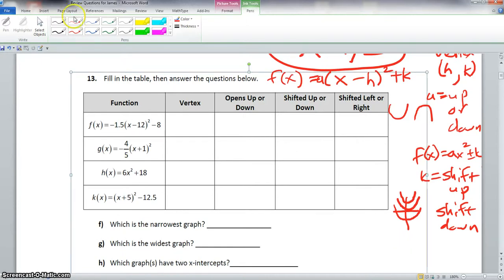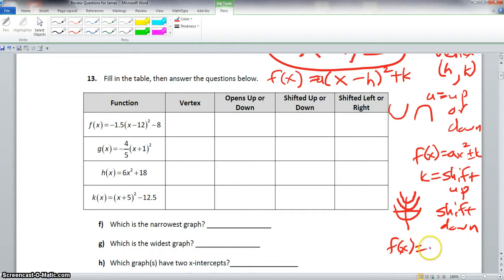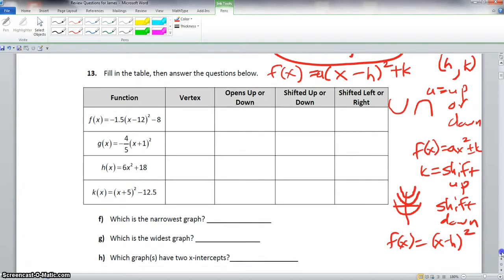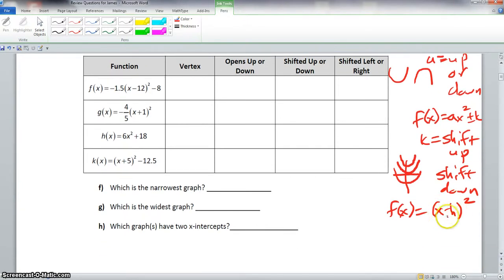Now there is another formula that I forgot to include, but it's very necessary. If we have f of x is equal to x minus h squared, what this determines is the direction that the graph moves in. Like k determines if the graph shifted up or shifted down, h here determines if the graph shifts to the right or shifts to the left. If you have subtraction inside your parenthesis, subtracting h, then it'll shift to the right.